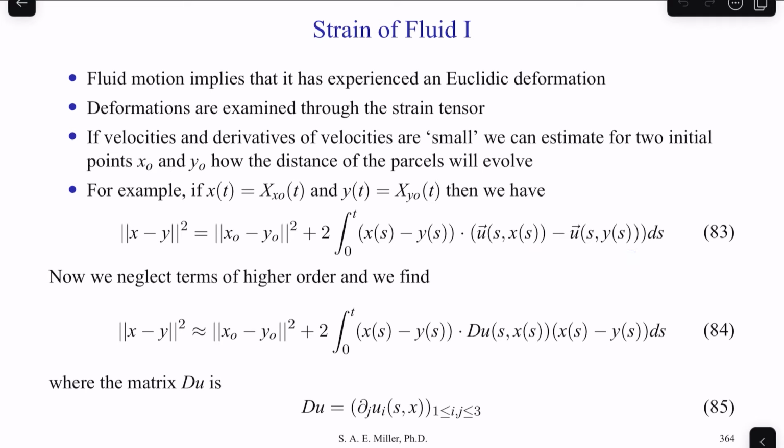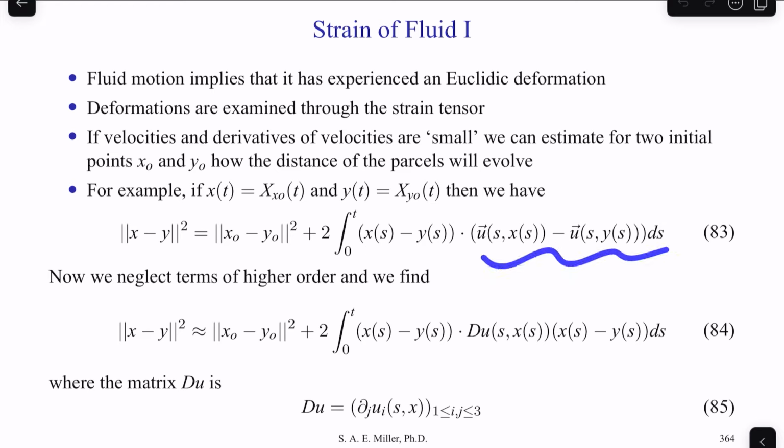Now, we're going to throw away high-order terms if we look at short time intervals, and this is perfectly acceptable. And now we can say that the distance on the left-hand side is approximately the original distance plus 2 times the same values in the integrand.